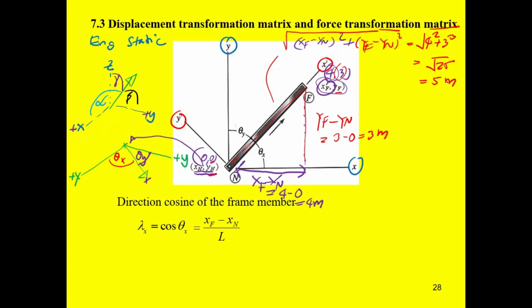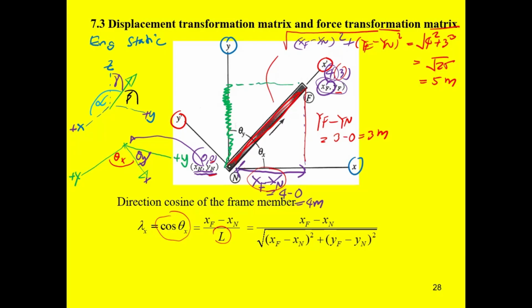Okay. Now, we are looking for cosine zeta sub x. To determine cosine zeta sub x, you got to have x sub f minus x sub n and then divide by L. In the computer program, you will get this equation. And then for zeta sub y, you got to come to this distance.